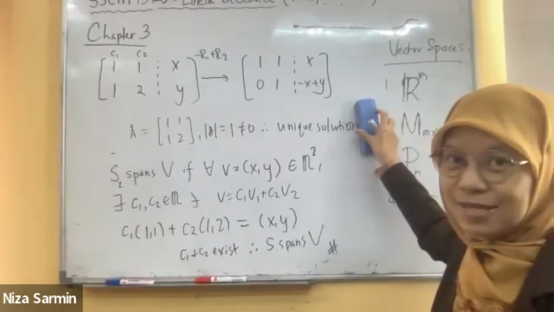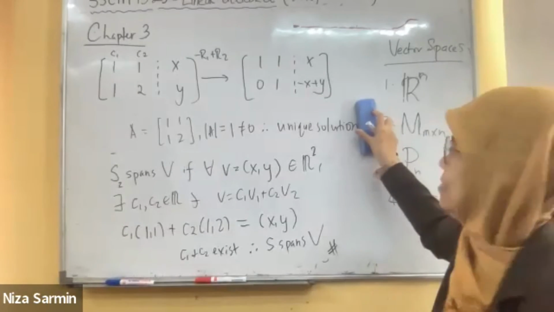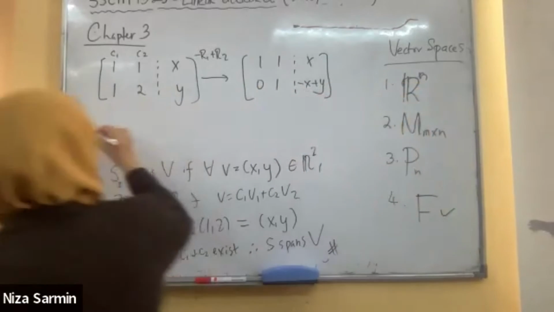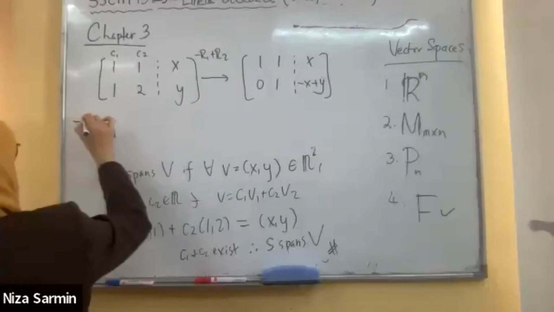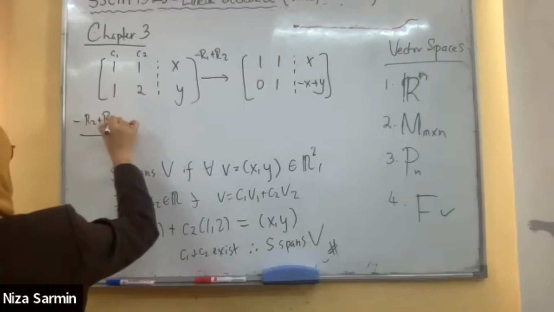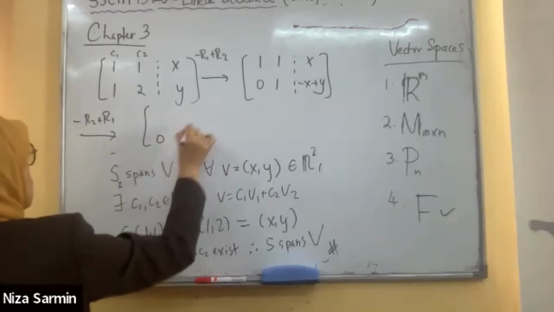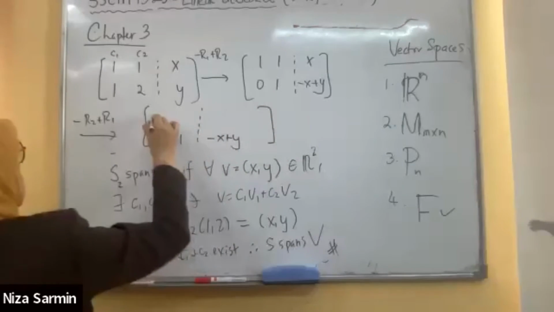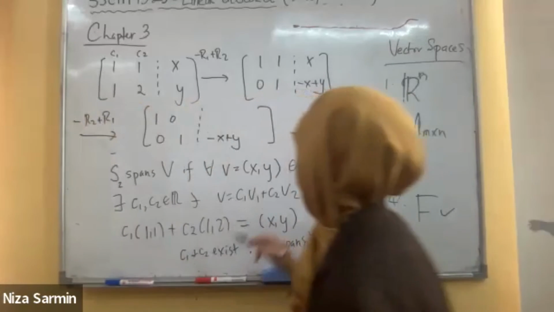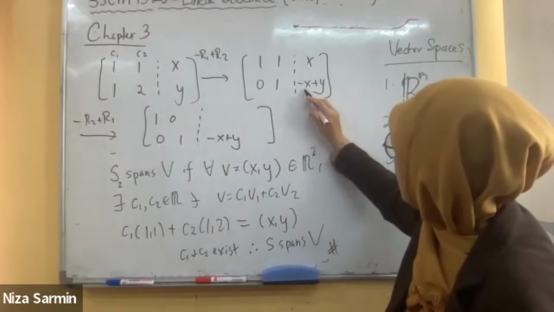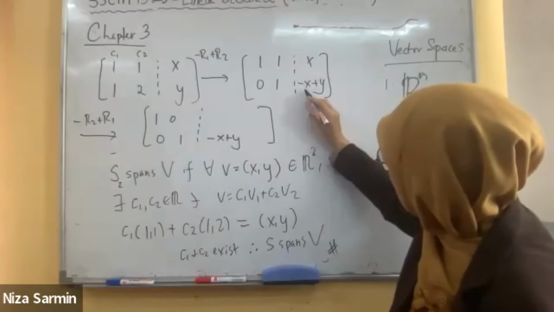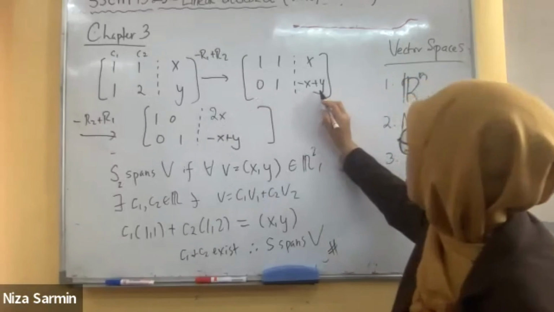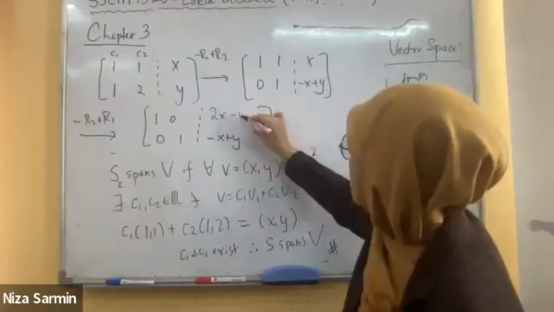I erase, yeah? Okay. One more, yeah? So, negative row 2 plus row 1. (0,1, negative x plus y), (1,0, 2x minus y).